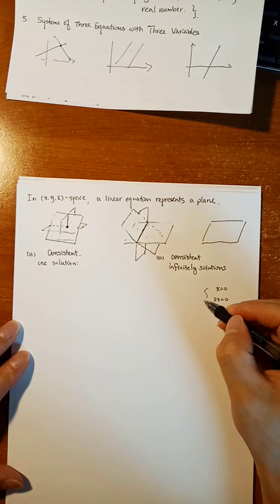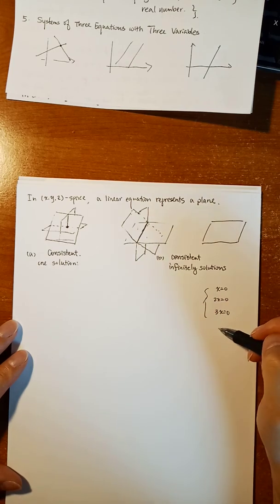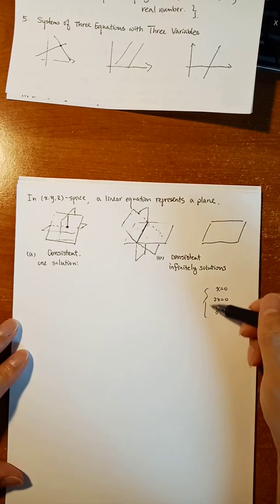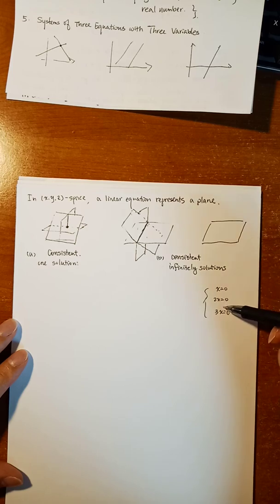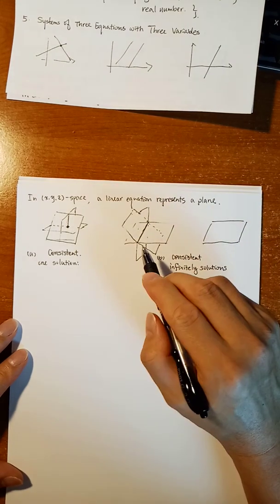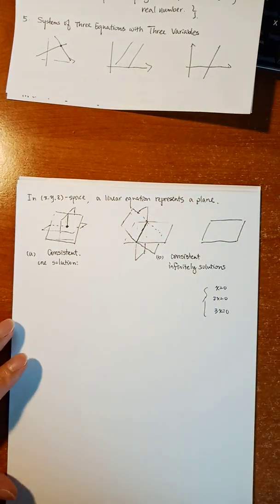Even though they are all linear equations, they have different formulas, but they are all equivalent. Then the corresponding plane will be the same plane, x equal to 0. X equal to 0 is the YZ plane, but whatever. So this also contains infinitely many solutions. But the solutions form a plane. Here the solutions form a line.